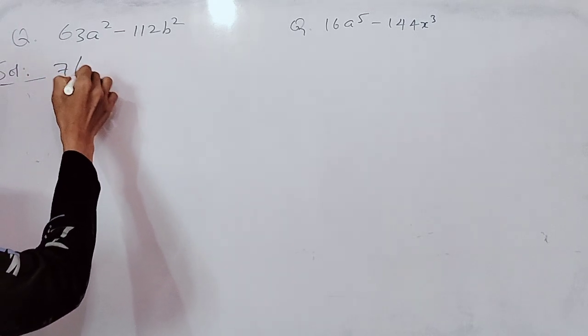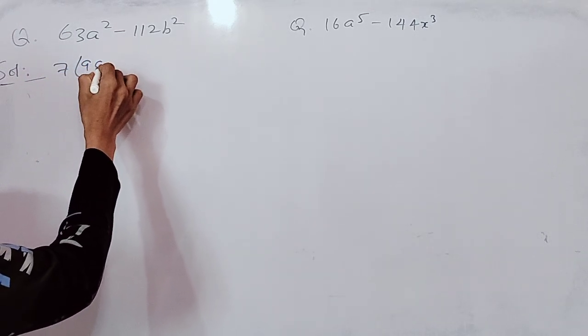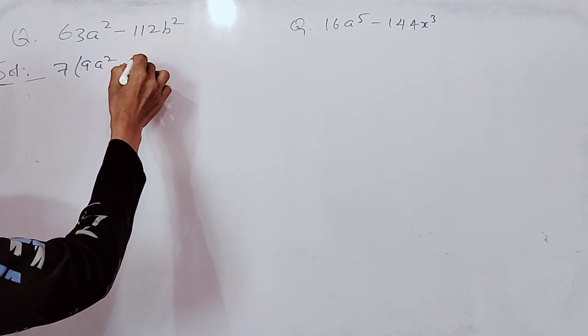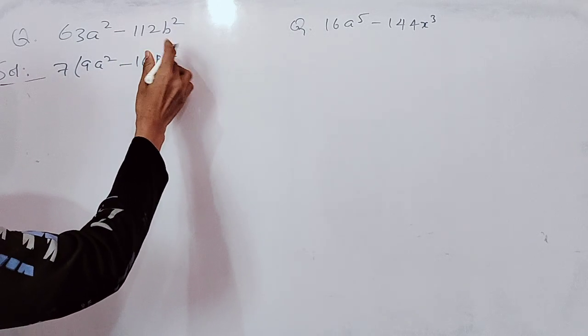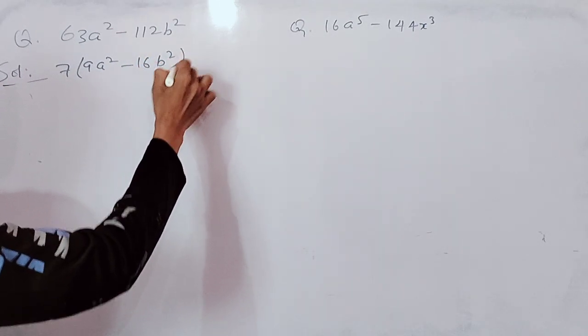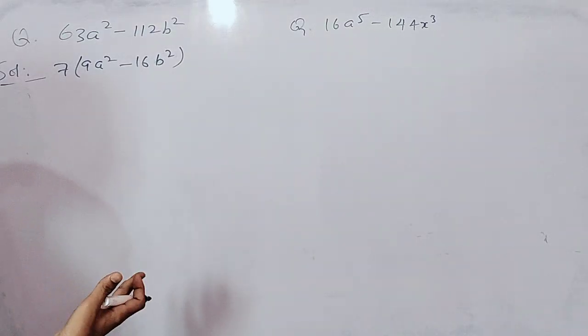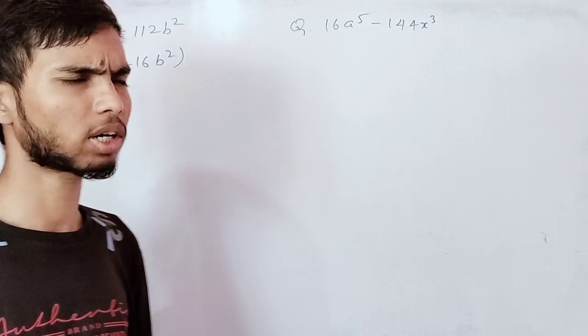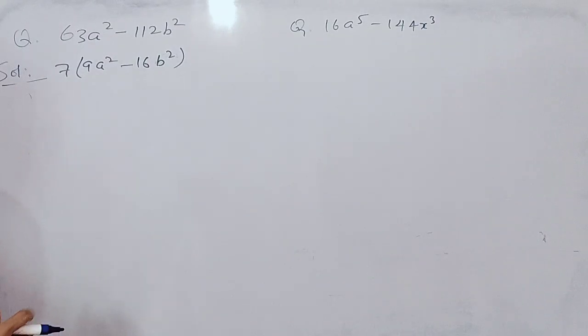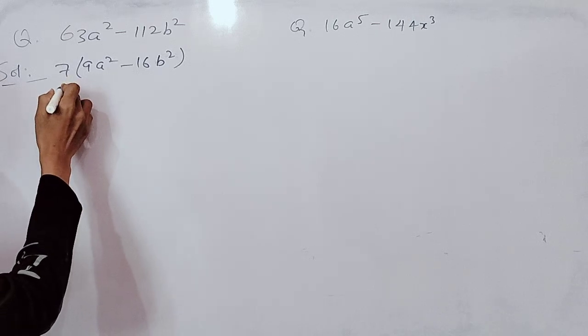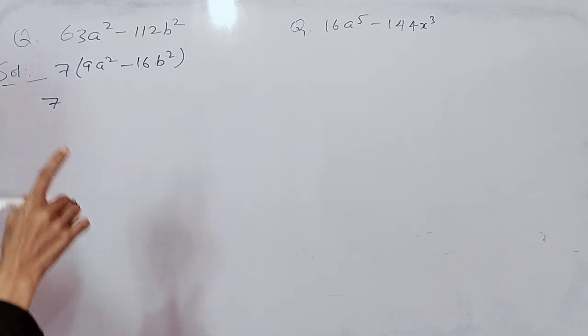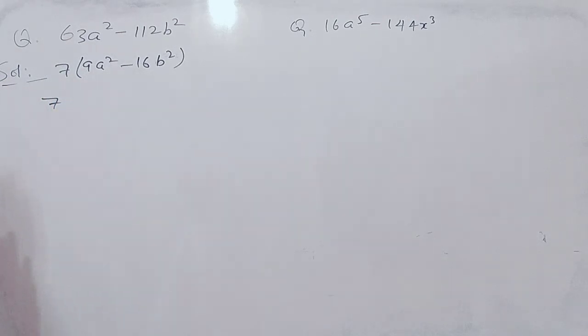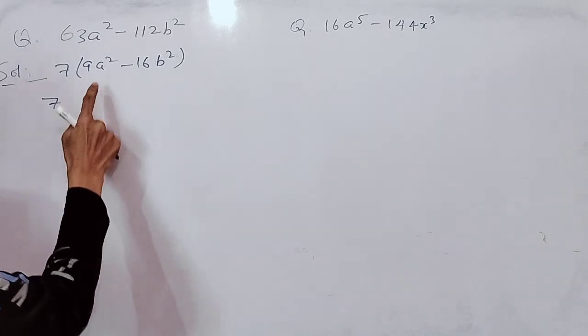So here 7 is common. 9a square minus 16b square. Why did we do like that? Because here 9 is a perfect square of 3, and 16 is a perfect square of 4. That's why we did like that. Here 7 will be as it is. We will not do anything with this 7.